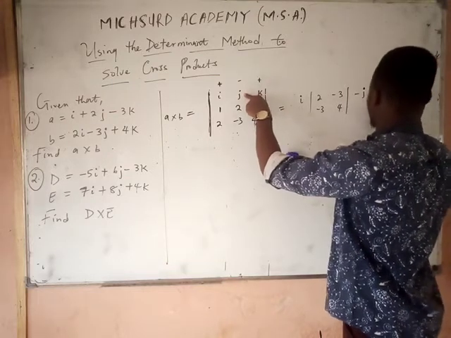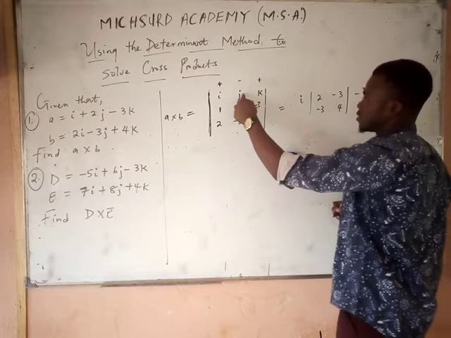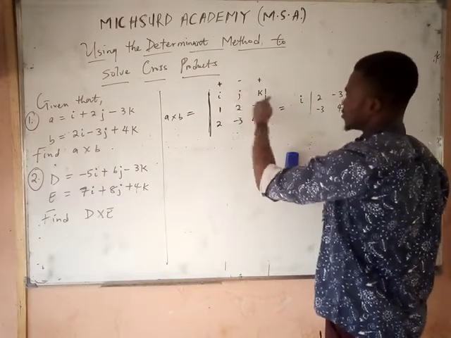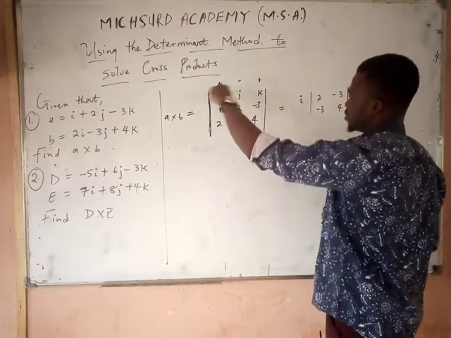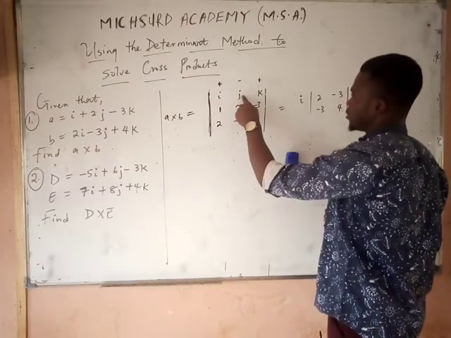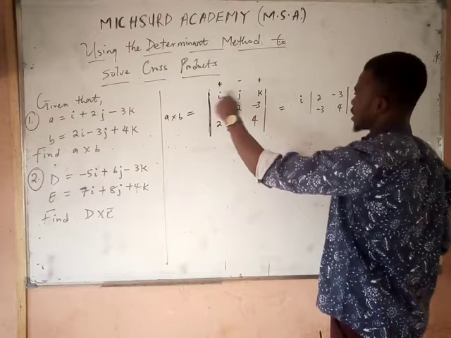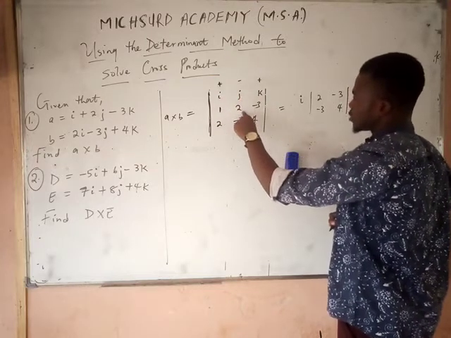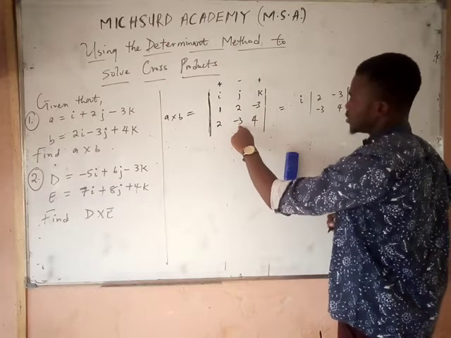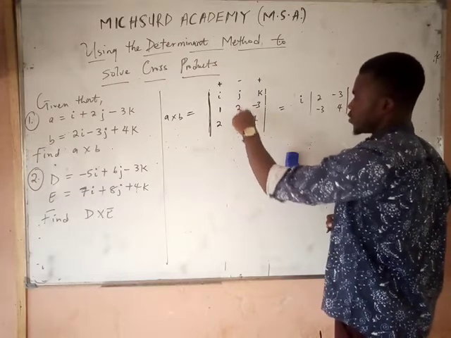Then we do the same thing, go sideward or horizontally, and cancel every value that is sideward with J. Okay, once we are done with that, you see that I and K will cancel out. Then when we go below J, we cancel all the values that are below J. 2 and minus 3 we cancel out.